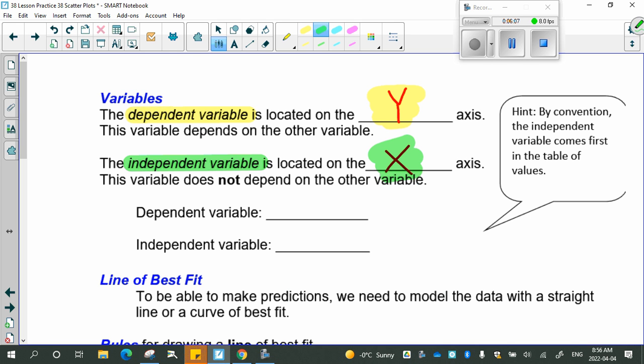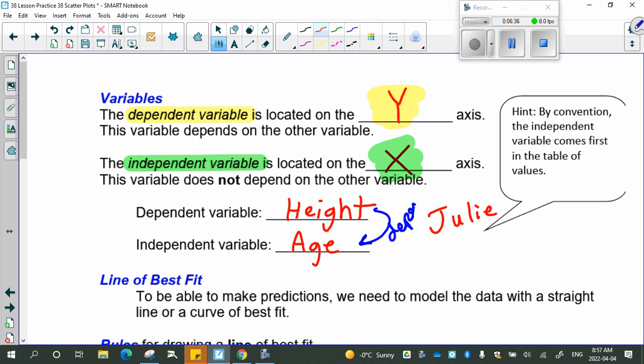And this variable does not depend on the other one. So if we look back at Julie's example, which variable was dependent? Yep, her height. Her height was dependent on what? Her age, which is the independent. So height depends on age.